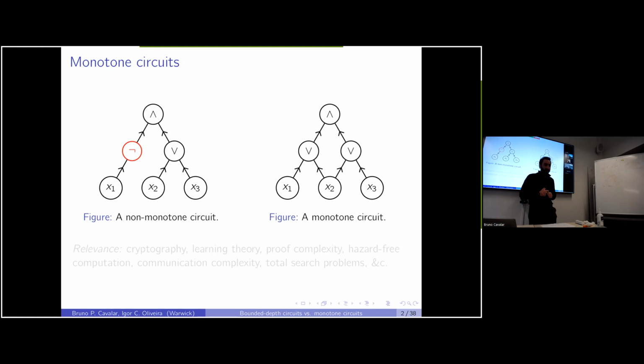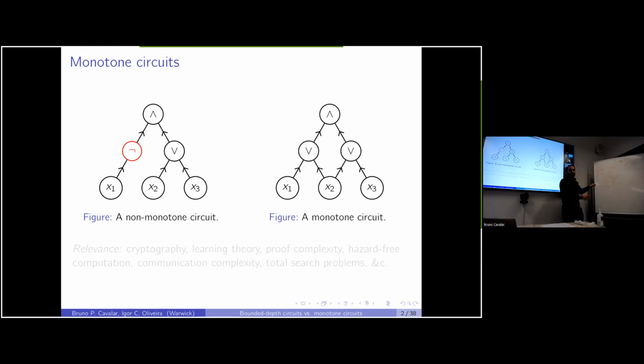Boolean functions is the class of monotone Boolean functions. What I want to say is that you can write x is at most y.